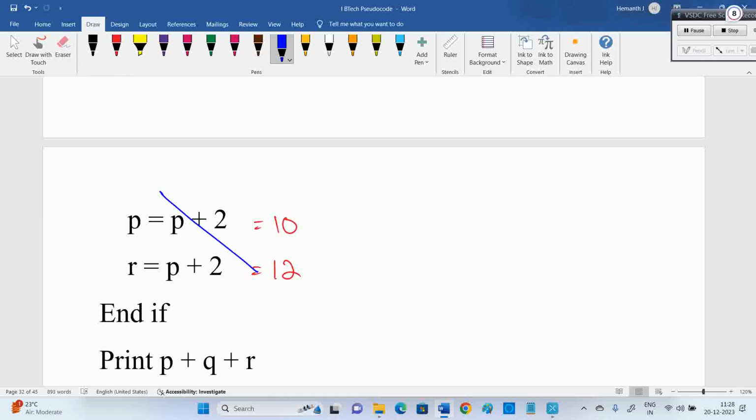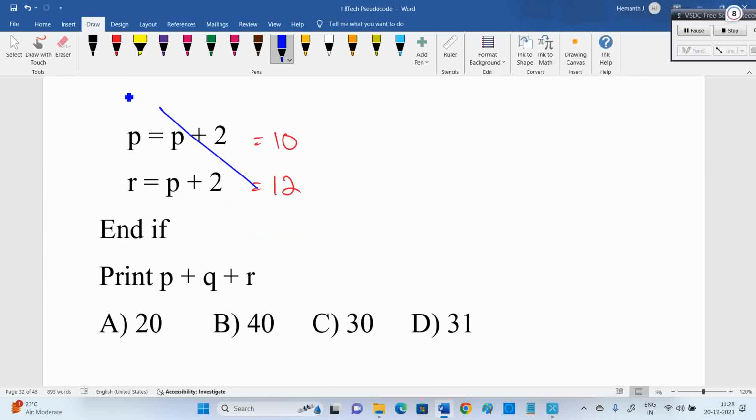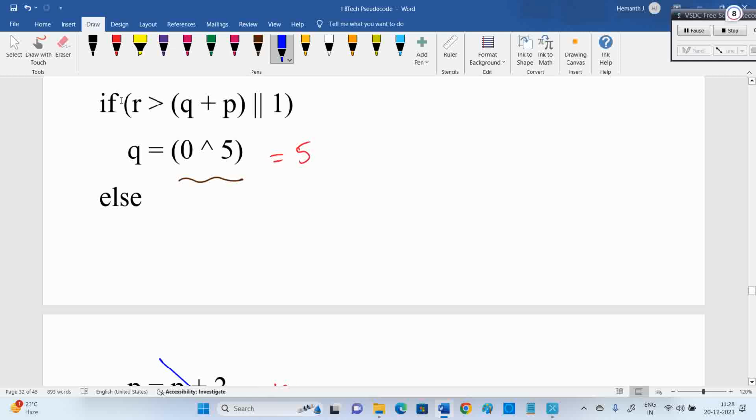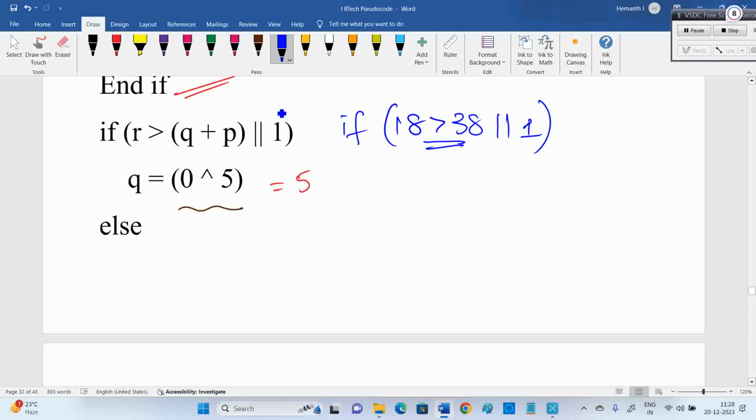So 31 is the answer. 8 plus 5 plus 18. 1 is there. 18 greater than 38 fails, means it becomes 0. So 0 OR 1: yes, 1 is there, means there is an entrance. You have entrance, you can come.